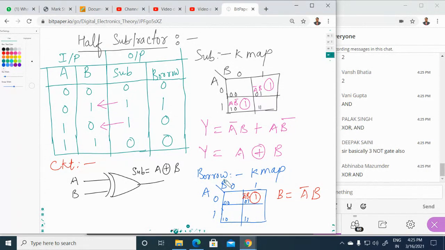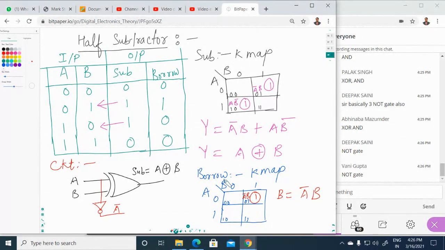Now you have to use A bar. So the third component you have to use is, quickly give your response. NOT gate. Yes, you have to use the NOT gate for the inversion. So this A should be converted into A bar.